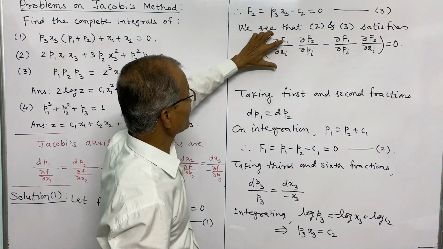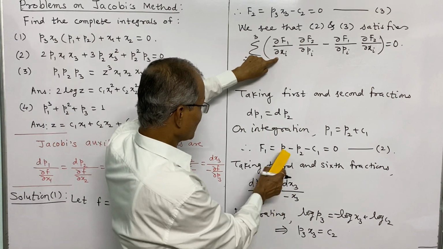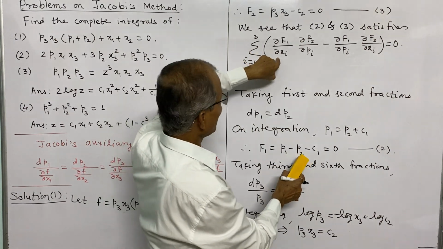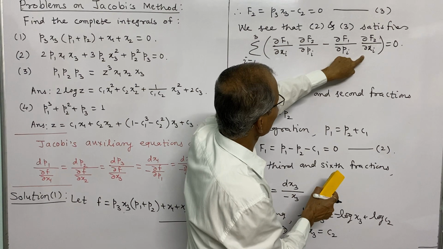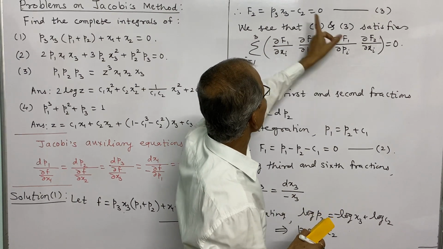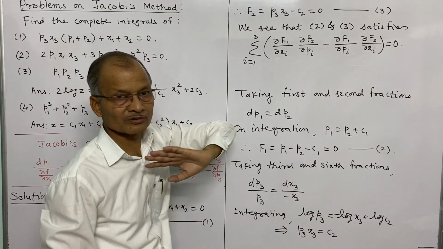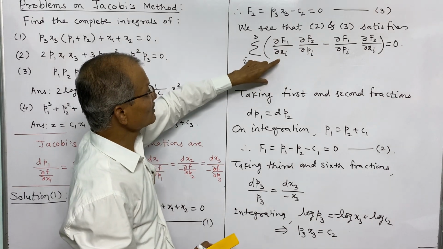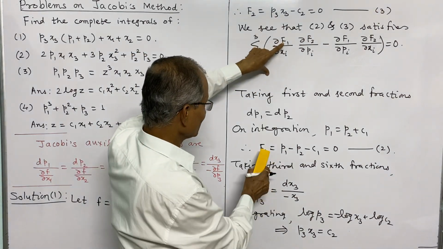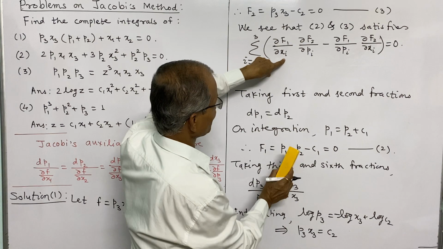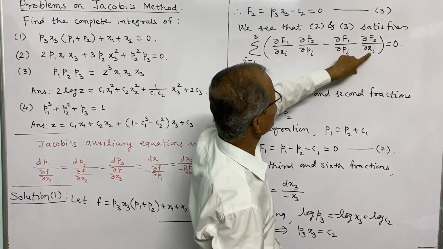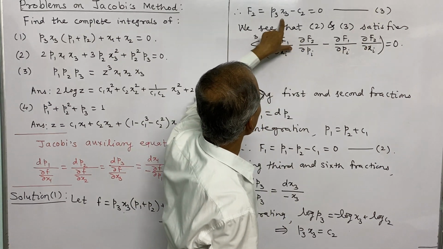Likewise, we can verify F1 with respect to x2. This derivative is 0, and F2 with respect to x2 is also 0. So the second term is also 0 in this summation. Next is x3. F1 with respect to x3 is 0. And what about F2 with respect to x3? It is p3.